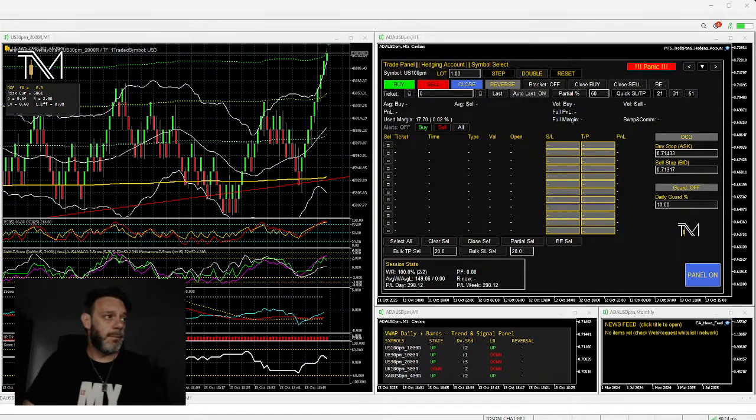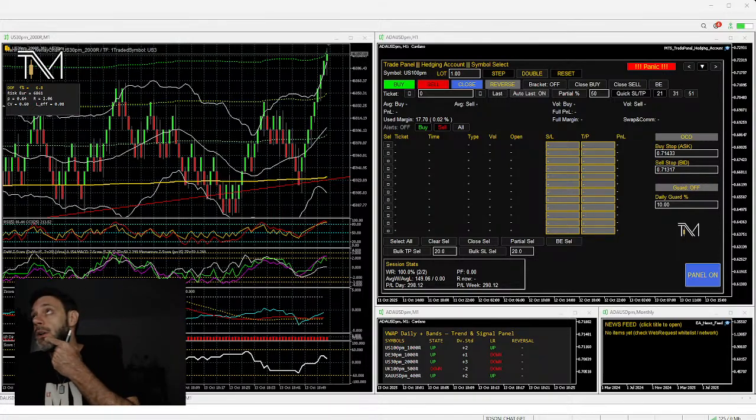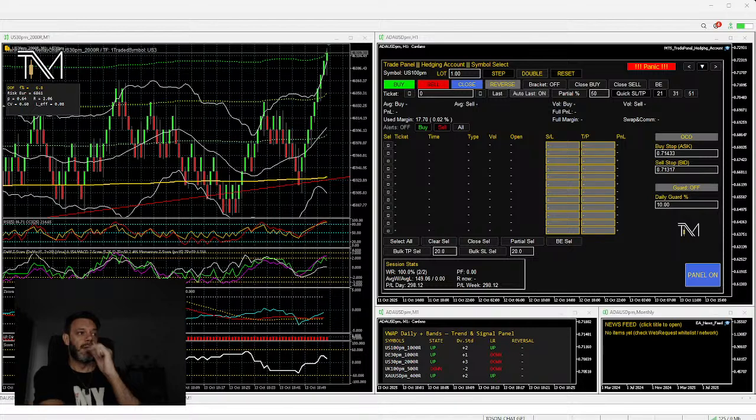In the meantime, gold is trying to come back down. That is good news for us. So let's spend another couple of minutes to see if they want to accelerate a little bit and do like this, a pullback like they did before.